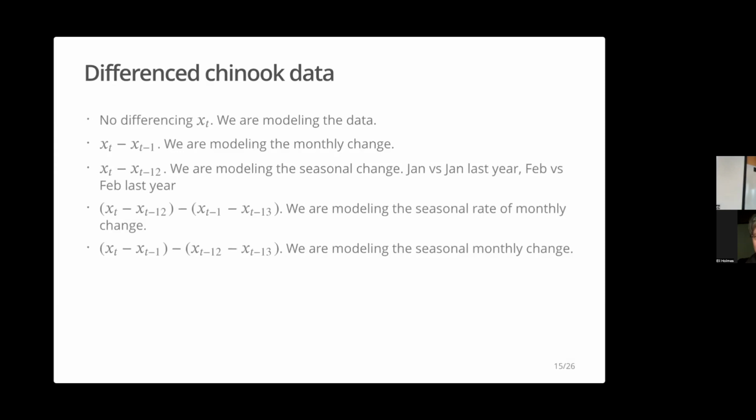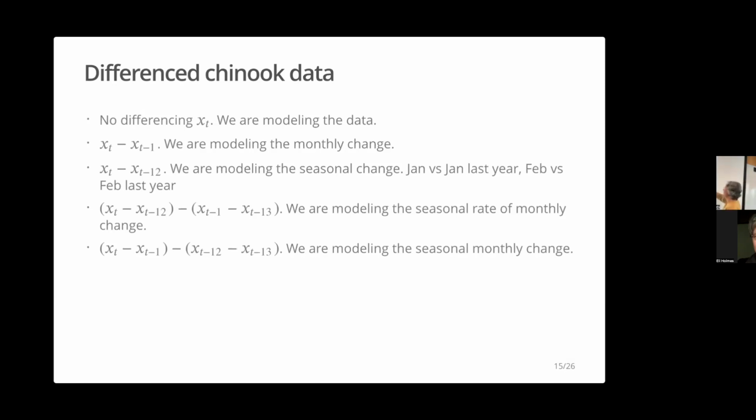What if we instead were modeling this? So what that would say is we are modeling the seasonal change. We're modeling January versus January last year, and then February versus February last year. We're modeling changes. We're not modeling the raw data, we're modeling these changes.